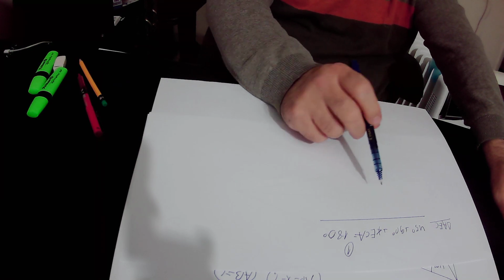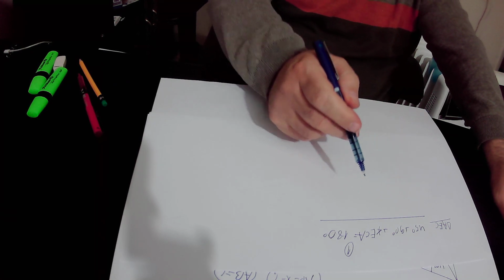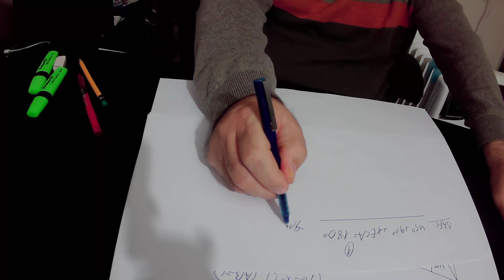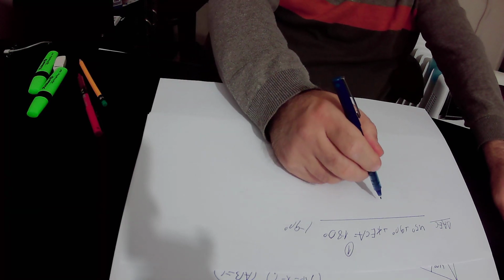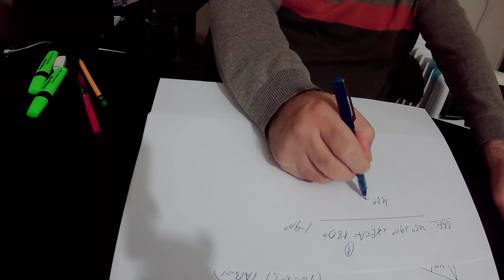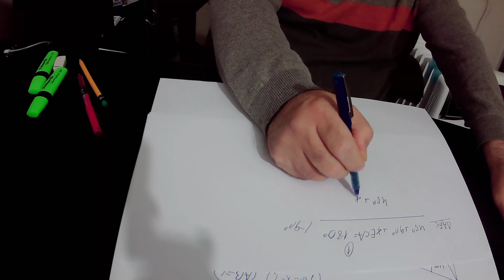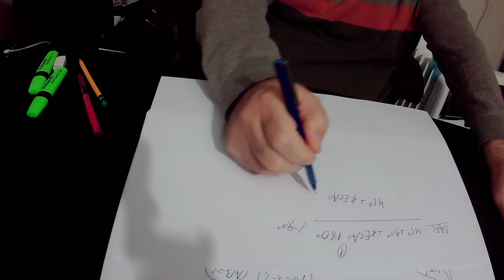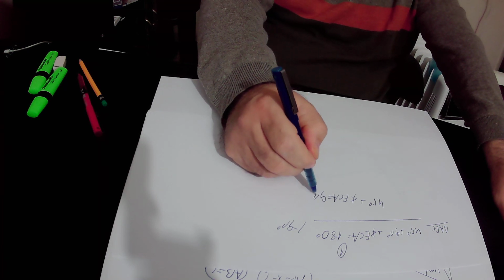So here we will subtract 90 degrees from this equation, and we'll get that 45 degrees plus angle ECA equals 180 degrees minus 90 degrees. It is 90 degrees.